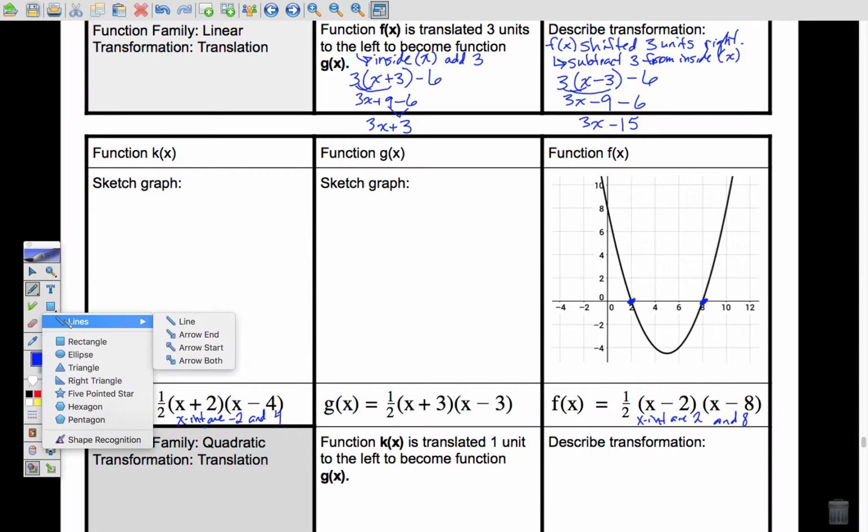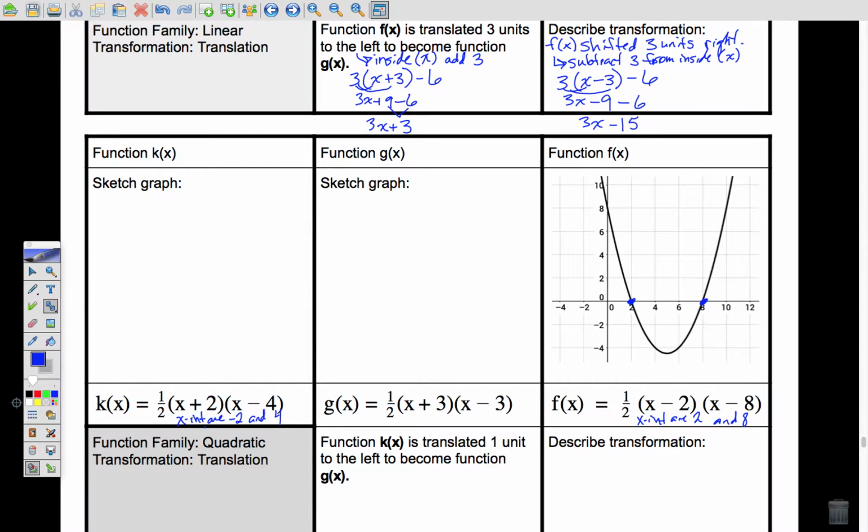So if I draw a quick sketch of this, so here's my y-axis, here's my x-axis. So we have at 1, 2, we have a point at negative 2, and then 1, 2, 3, 4. And it's going to have that same growth rate because they're all multiplied by a half.